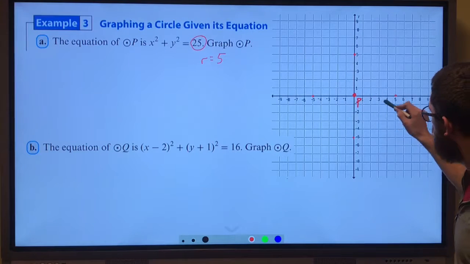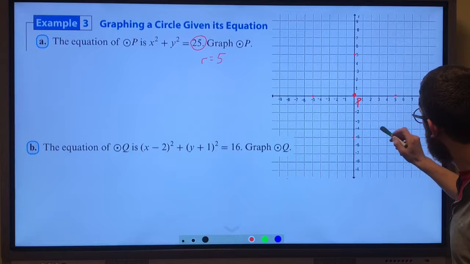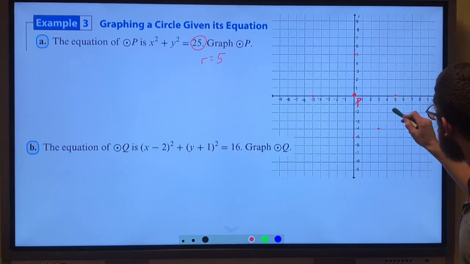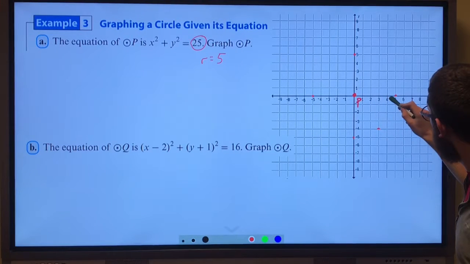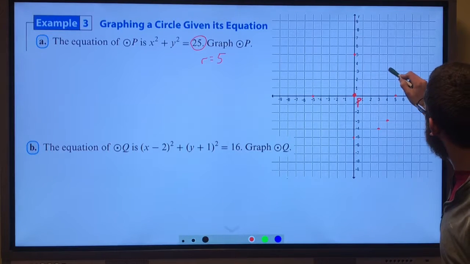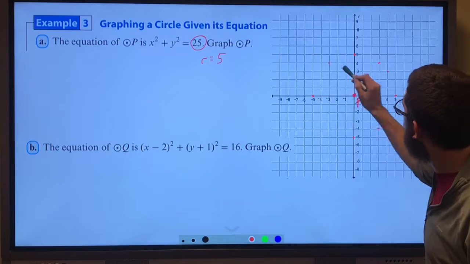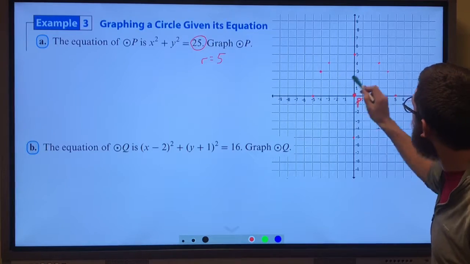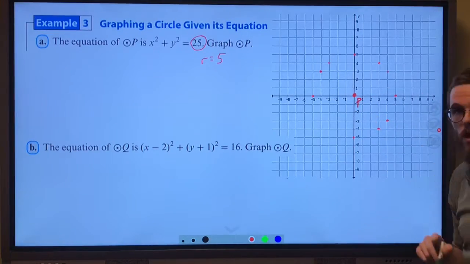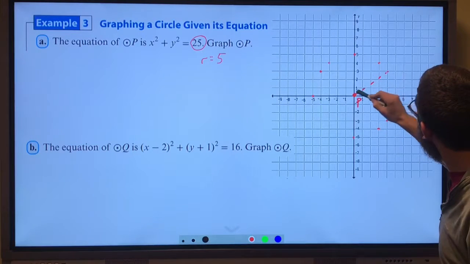I could get some more points that are on this circle, knowing that it is a distance of 5 away. Over 3, up 4, or over 4, up 3 forms a right triangle with a radius of 5.